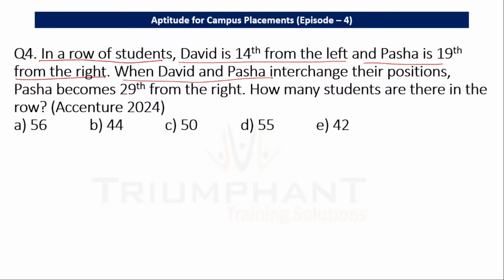When David and Pasha interchange their positions, Pasha becomes 29th from the right. How many students are there in the row? This question was asked in Accenture 2024. Initially it appears a little confusing, but if you put the information on paper, you'll be able to answer this.